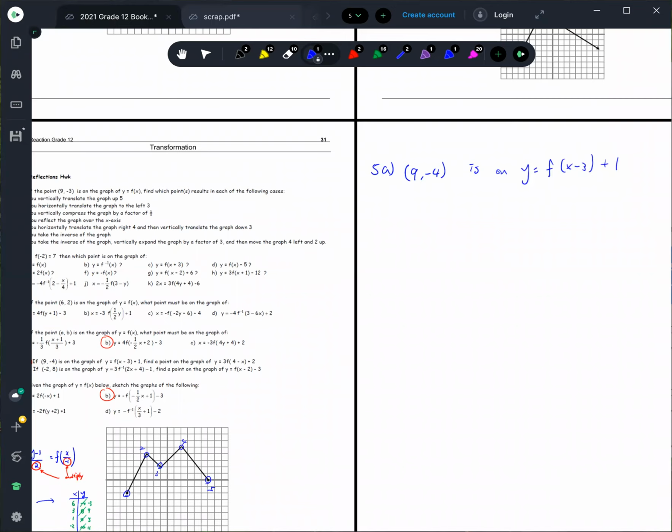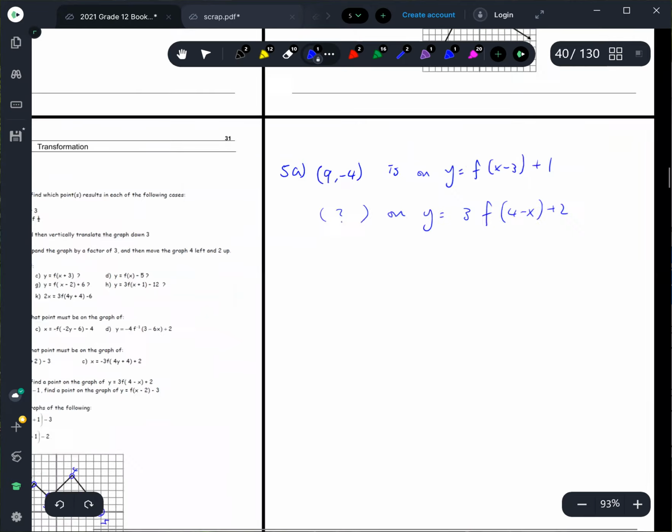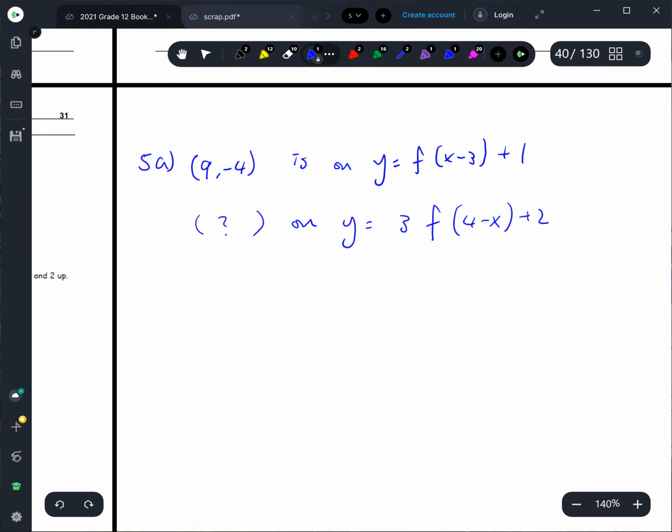So where is the point on y equal to 3f of 4 minus x plus 2? Right, so this was the question. So normally they give you the point that should be on the original, right? But then this time they tell you that 9, -4 is on this one.